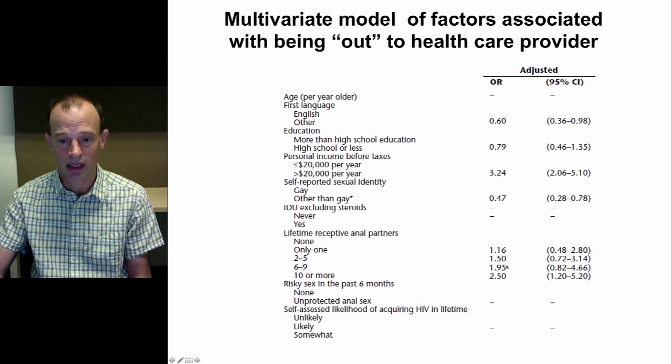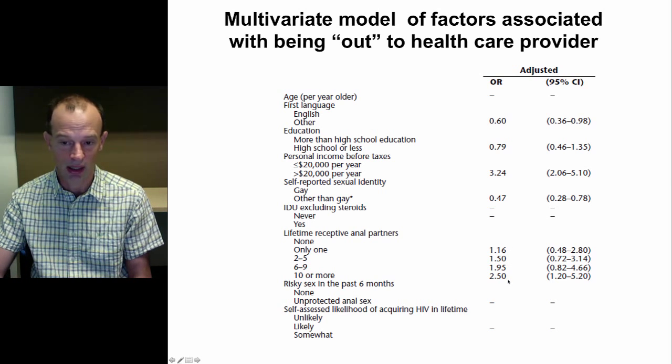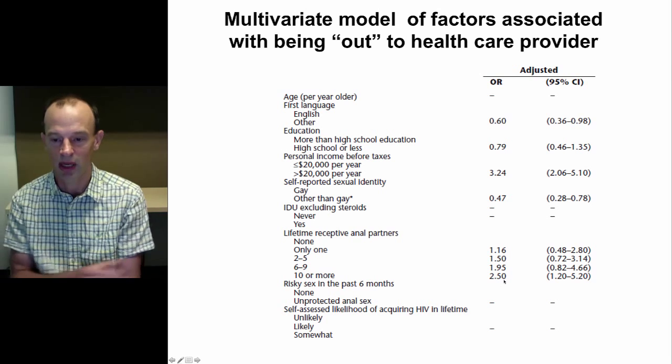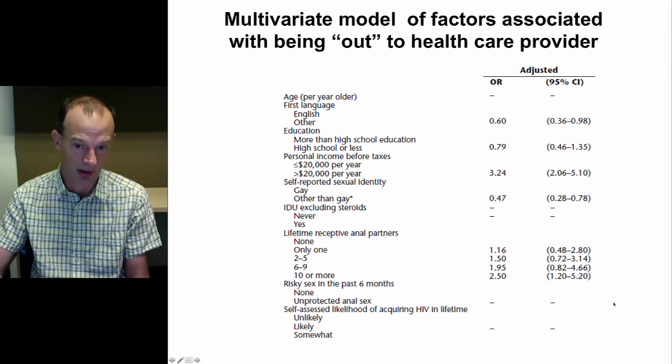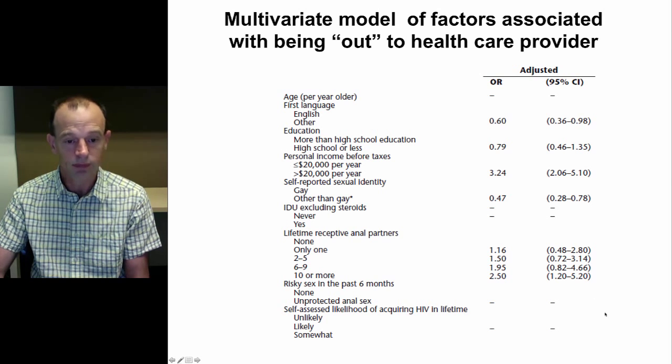And you can also see that having a large number of sexual partners, 10 or more, made it more likely that individuals would disclose their same-sex sexual orientation.